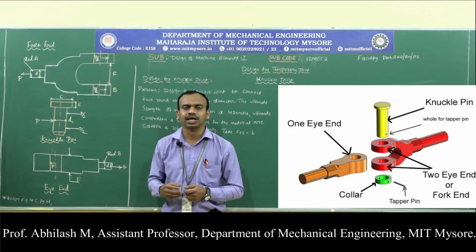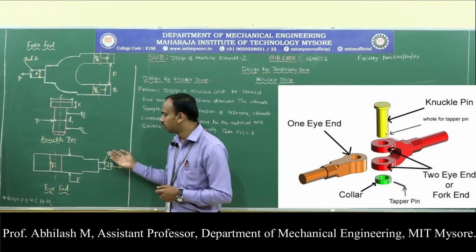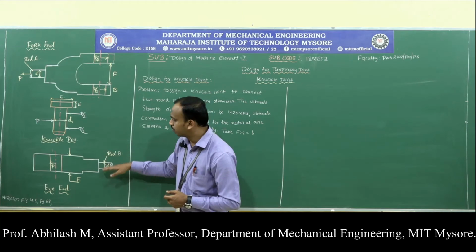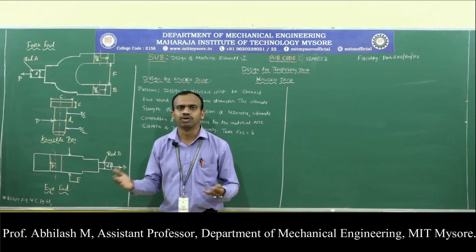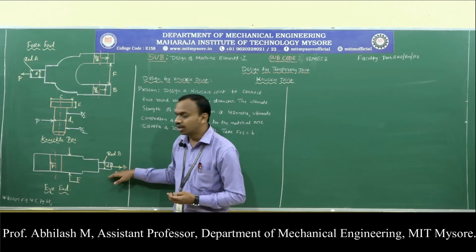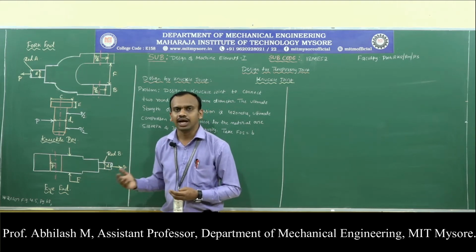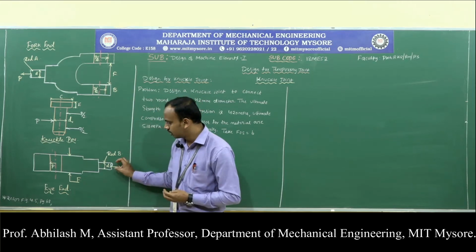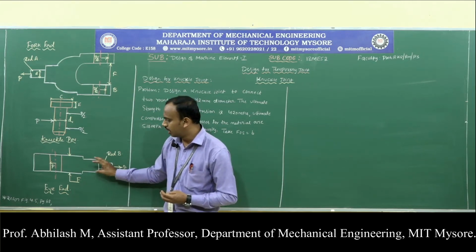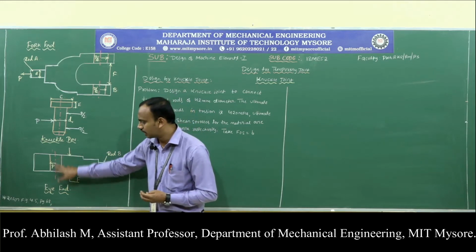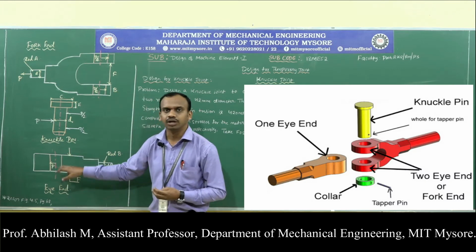What are the parts, or for what form are the rods made? We have two different rods, rod A and rod B. The rod B will be formed to an end which is called an eye end. Basically, the diameter of the rod is enlarged, having a certain thickness, and it has a hole in between.